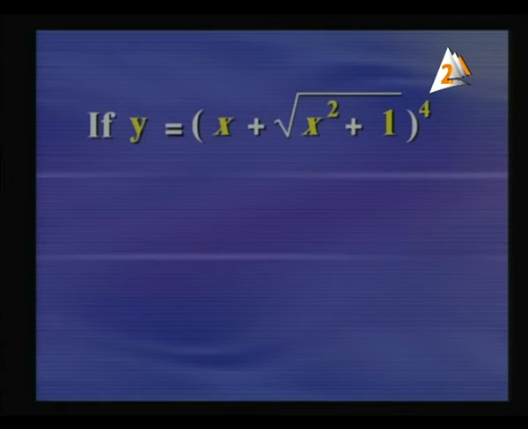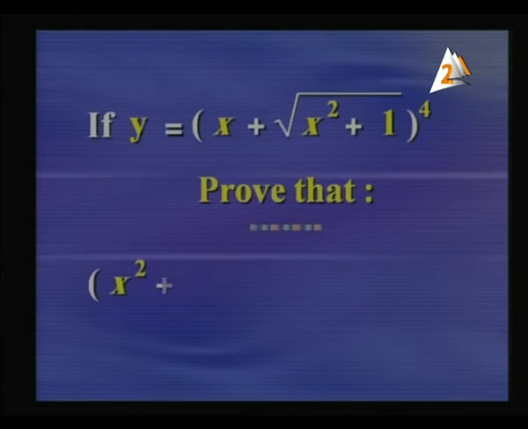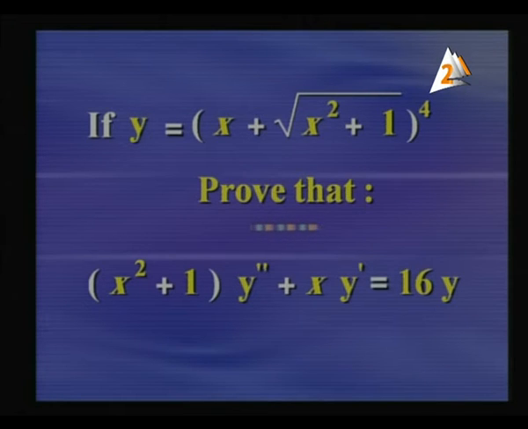Look at another example. If y equals (x plus square root of x squared plus 1) to the power 4, prove that (x squared plus 1) y double dash plus x y dash equals 16y.